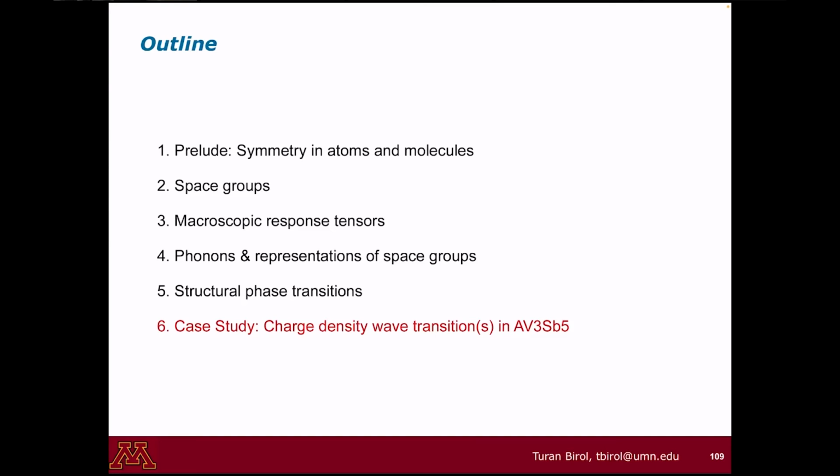Now it would be the representation of that low symmetry space group. And since the order parameter breaks all the relevant symmetries, then it always becomes the identity representation. So it becomes A1g of the low symmetry space group.